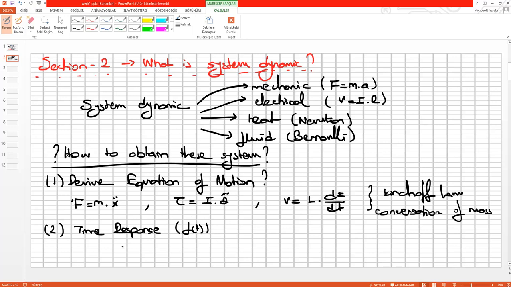Okay? And so just remember that we have two tools to analyze this system in system dynamics. The former one is what? The transfer function, right? The other is the state space, right?